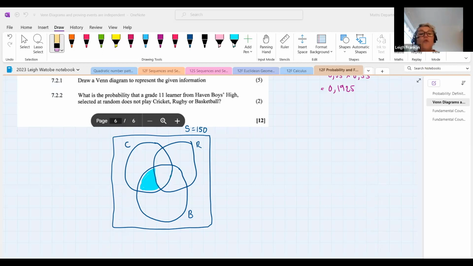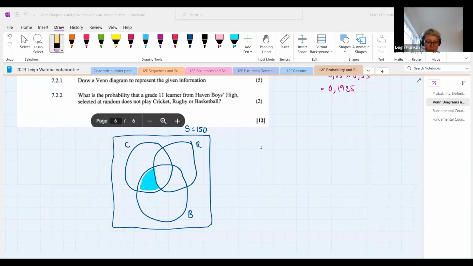Cricket and basketball only. Or we could say cricket and basketball, but not rugby. Does that make sense to everybody? That's it, Leanne. Okay, is everybody happy with that?